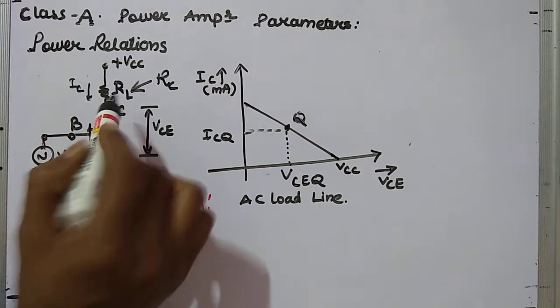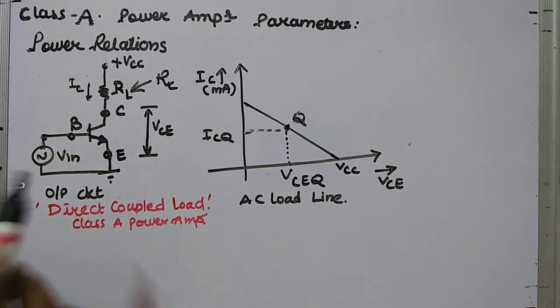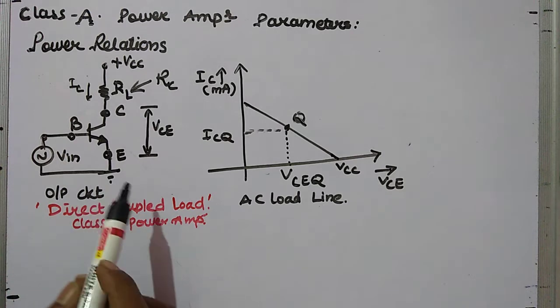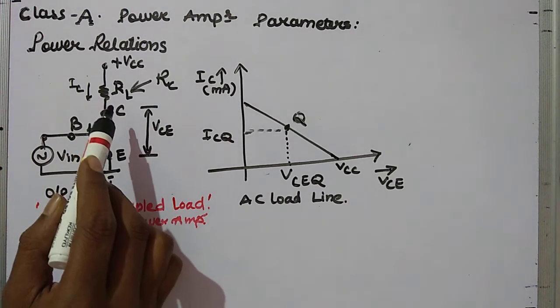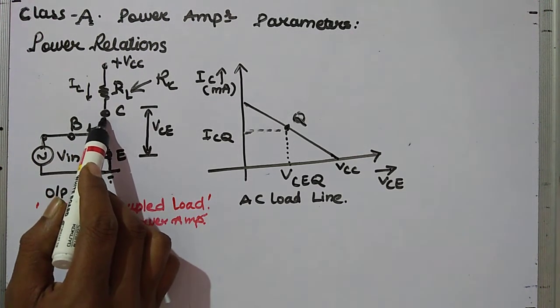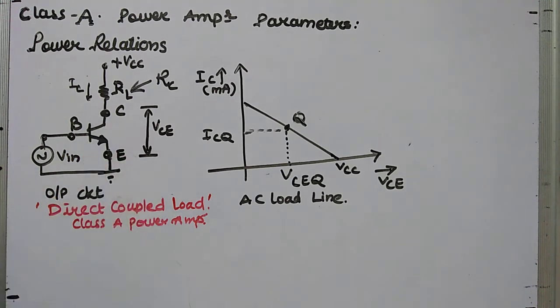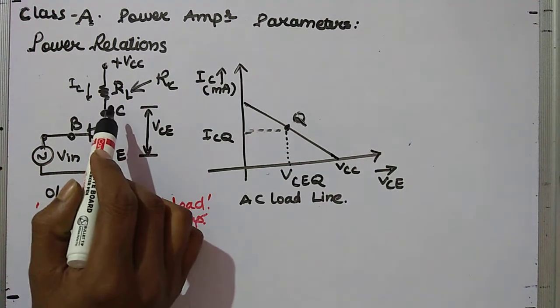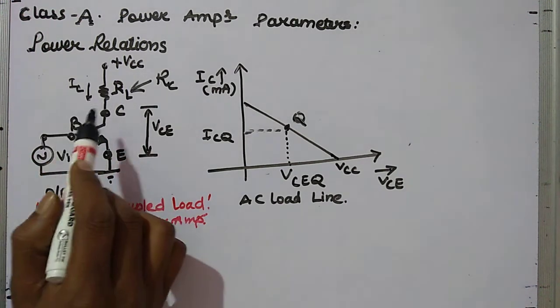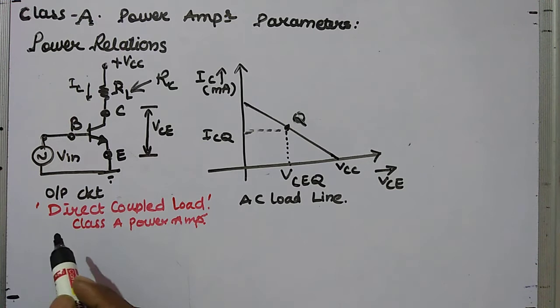RC is replaced by RL. We have applied the input signal. So this type of circuit in which the load resistance RL is directly connected to the collector terminal is called a direct coupled load for class A power amplifier.